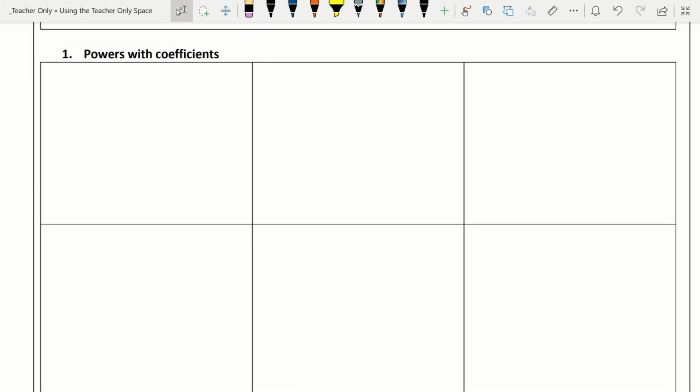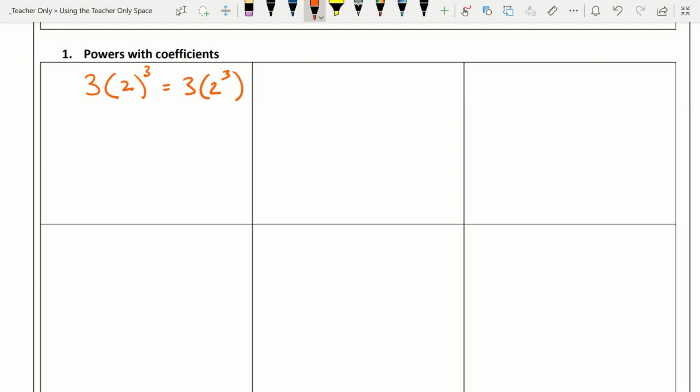Okay, so powers with coefficients. All right, let's do this. Say we have 3 times 2 raised to the 3rd power. Now in this case, since you don't have a negative, we could also write this as just 3 times 2 to the 3rd power, or instead of the dot, we can just put brackets.